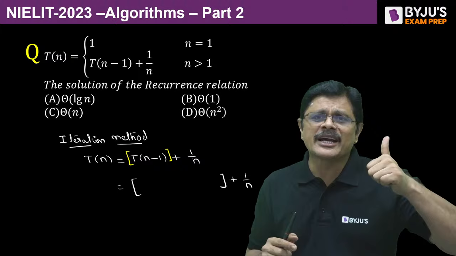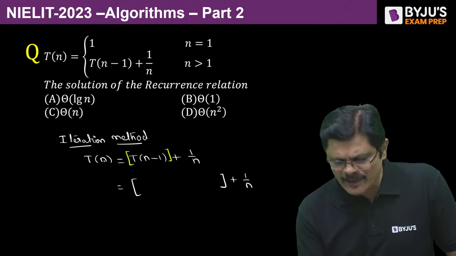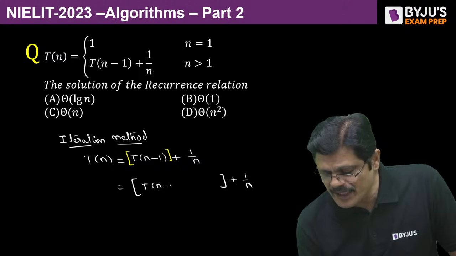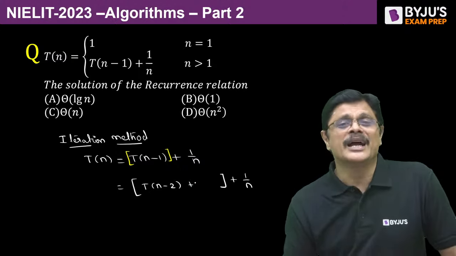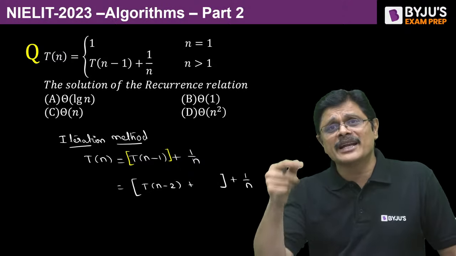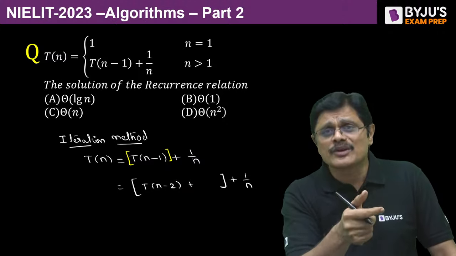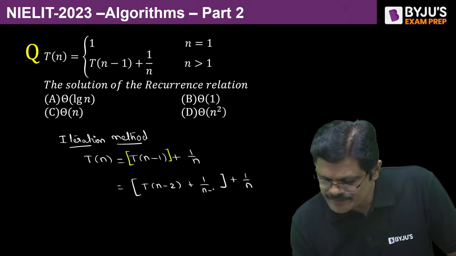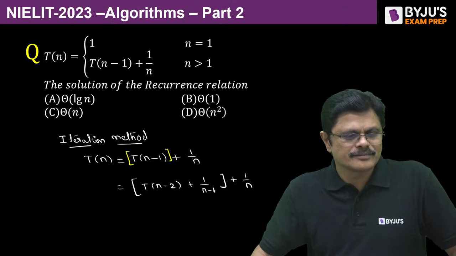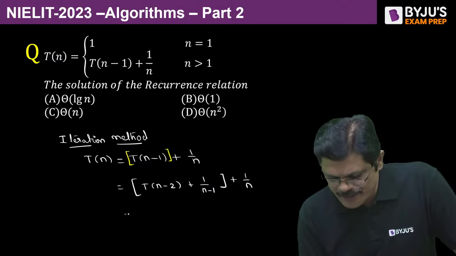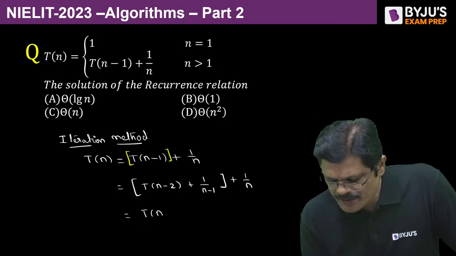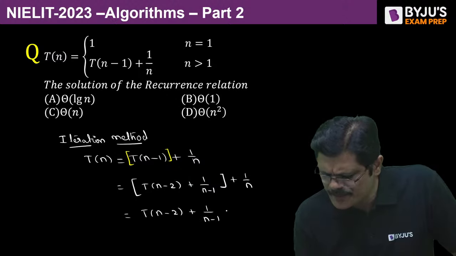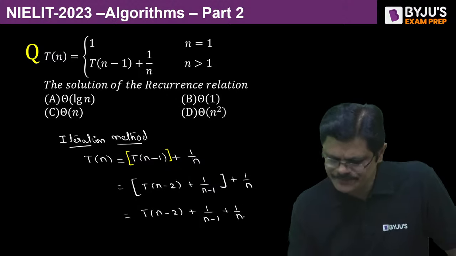If you put n-1, T(n-1) becomes T(n-1-1), that is T(n-2), and 1/n changes to 1/(n-1). So that is T(n-2) + 1/(n-1) + 1/n.